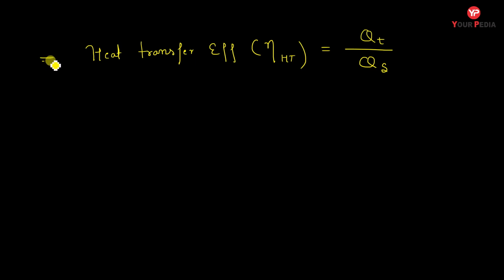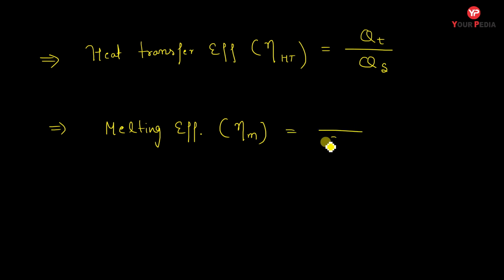The next type of efficiency that we study in arc welding is melting efficiency, eta M. So eta M equals how much heat is transferred, out of which how much heat is used for melting.